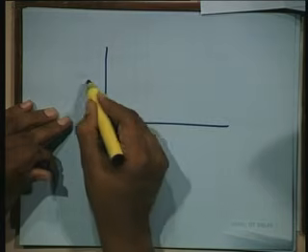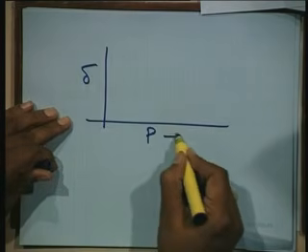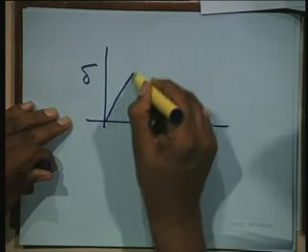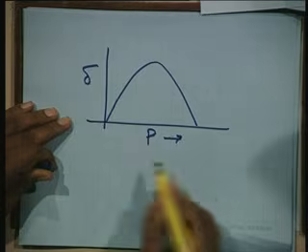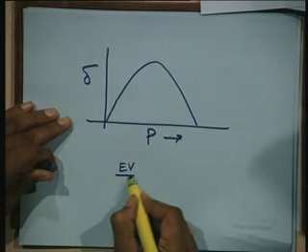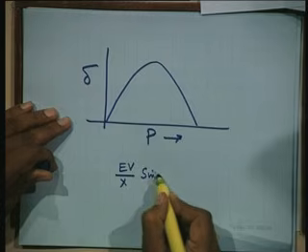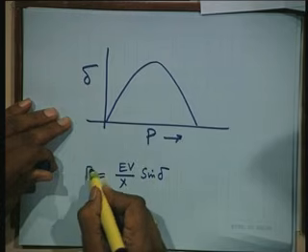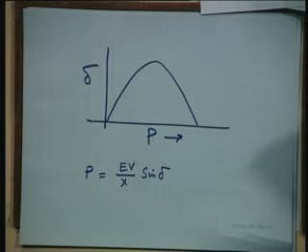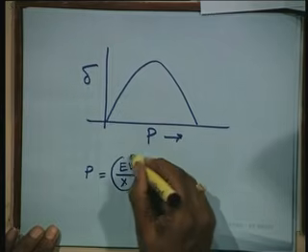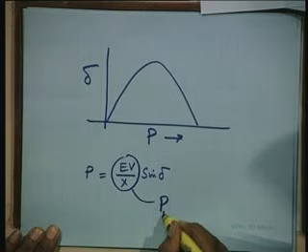As all of you know, the angle delta at which we operate is small. Why is it small? I will tell you. P is proportional to sine delta. EV by X is constant. This is called P max.